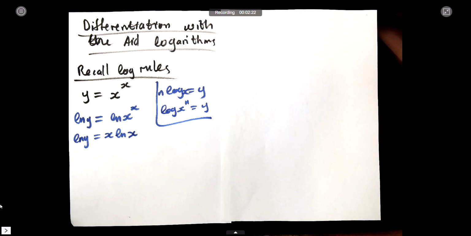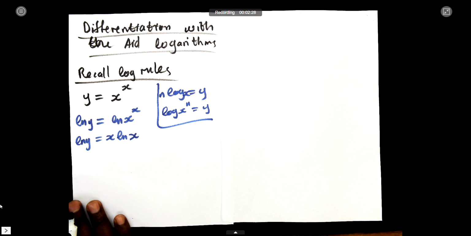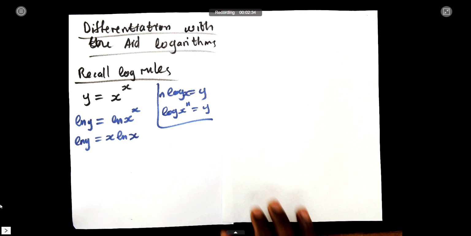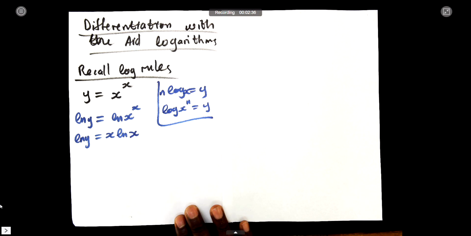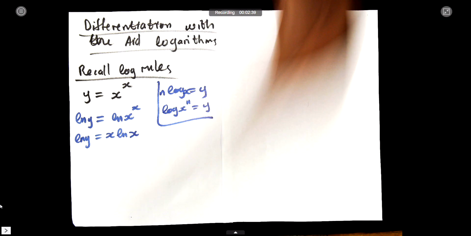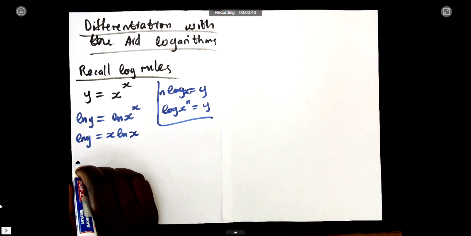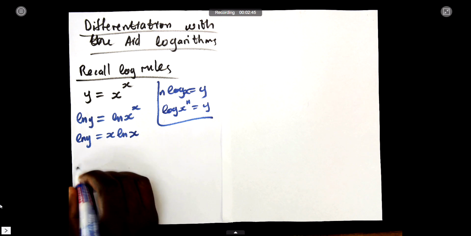Then the following part, we need to differentiate the left and right hand side. So differentiation of the left hand side: what is the differentiation of a natural logarithm?